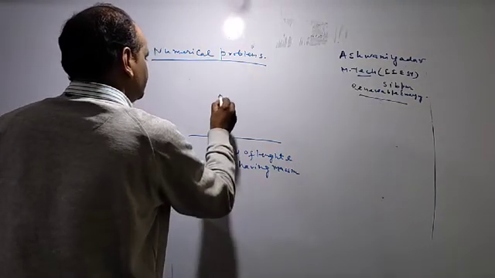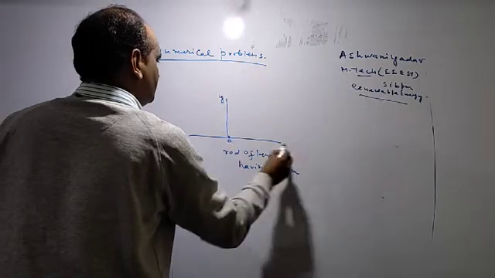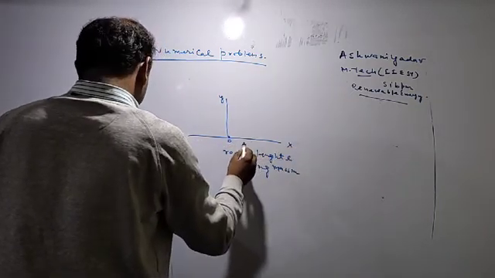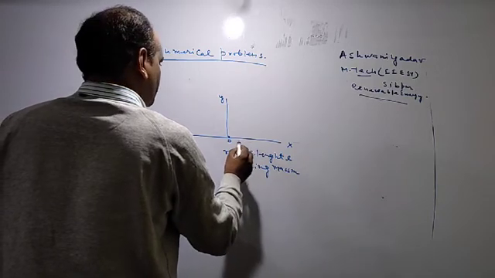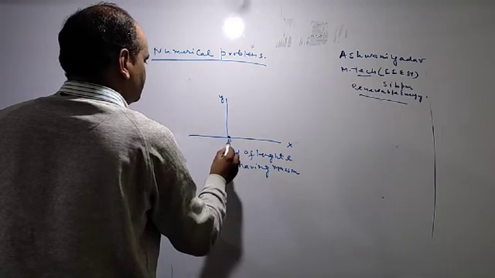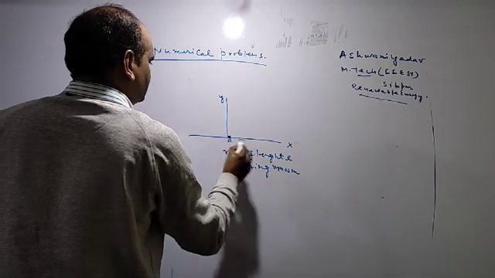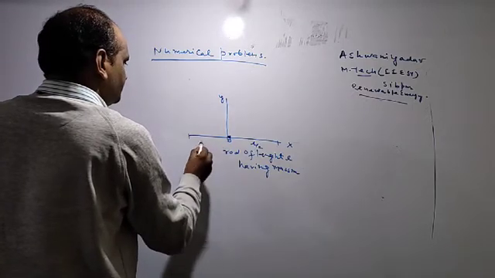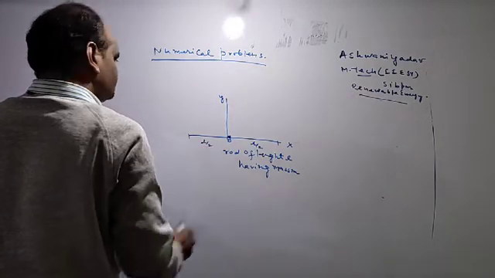You can consider the y-axis O and x. The total length is L, and it is hinged at this origin. This is the middle point. So this length will be L by 2, and this length will be L by 2.